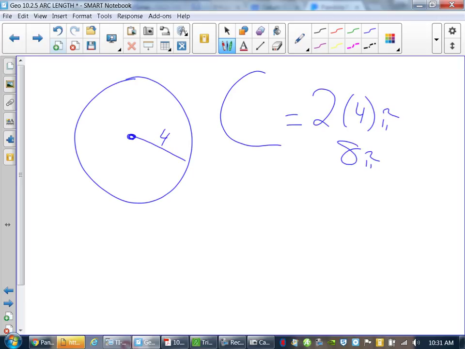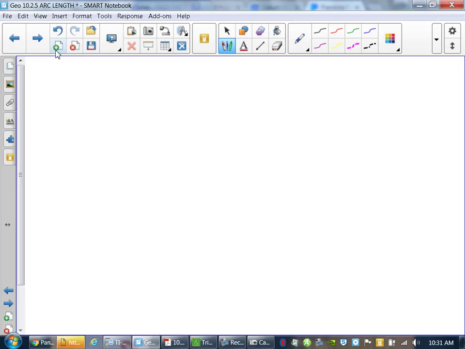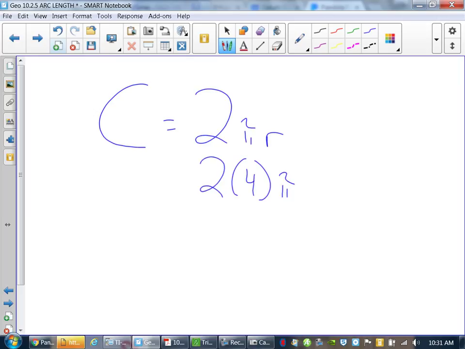Real fast, people. Actually, first I didn't ask this, which I was kind of surprised by, but it's normally a question that comes up pretty often. Is where pi goes in the formula? As you see, as I wrote it, I put the r value at the end. But then when I put it together, it was 2 times 4 times pi.